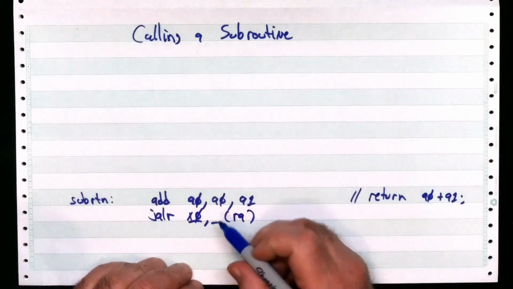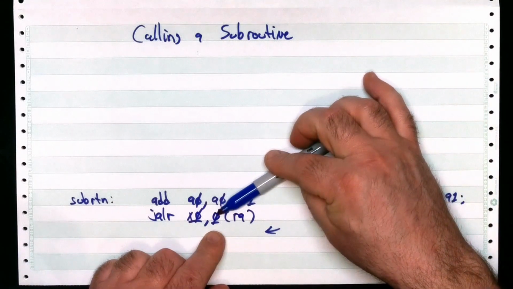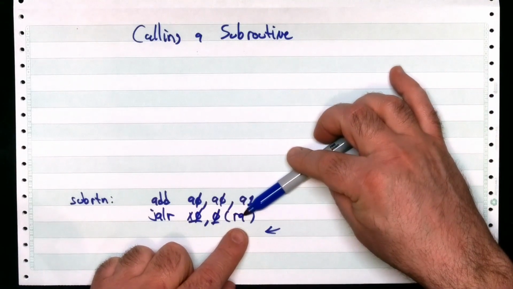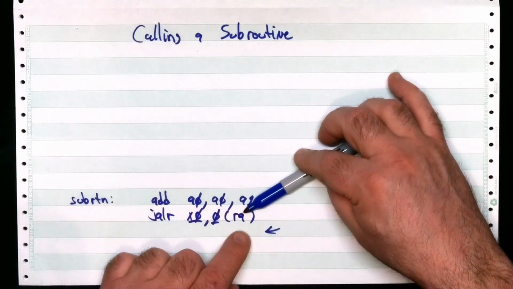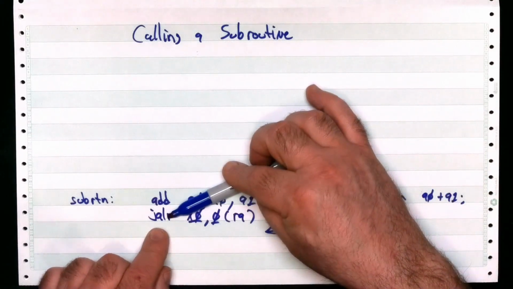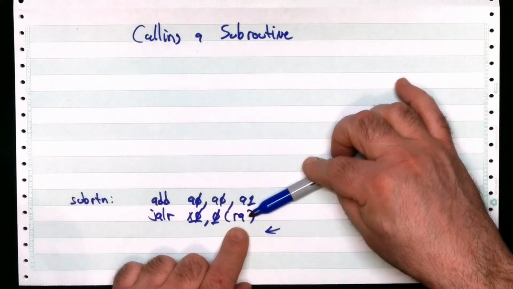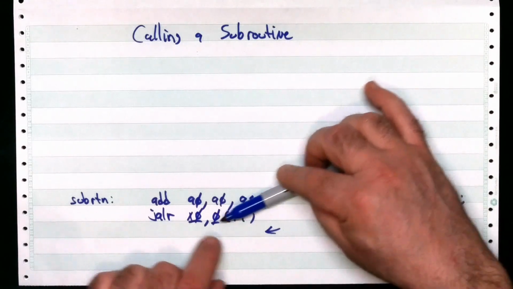So we can say go to 0 off of the value in the return address register. So this thing defeats 2 of the 3 fields in this instruction, but it effectively just simply says go to the address given in the RA register. We don't want to go to RA plus 4 or some other thing.